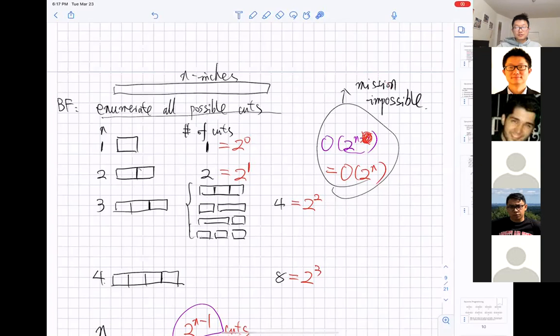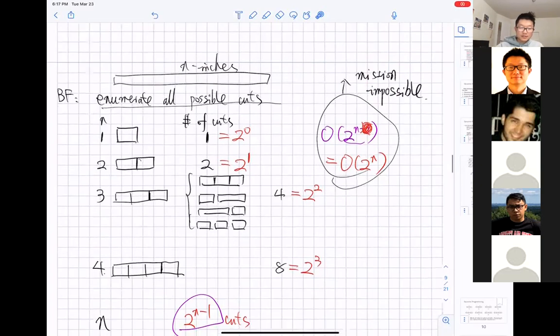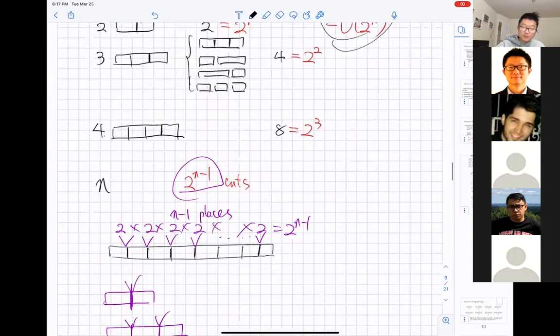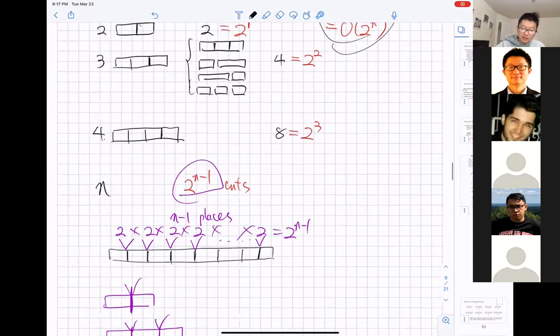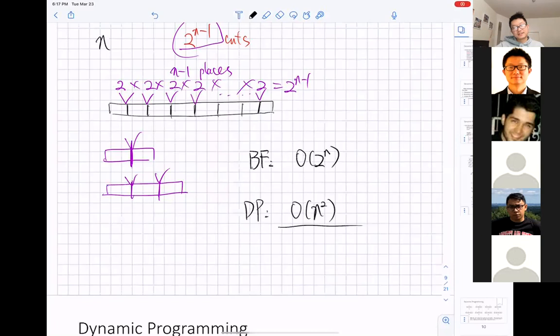This is pretty bad. So this is where we should use dynamic programming. If we use the simple brute force way, we get 2 to the power of n complexity. For the same problem, if we use dynamic programming, we will be able to get n squared complexity.